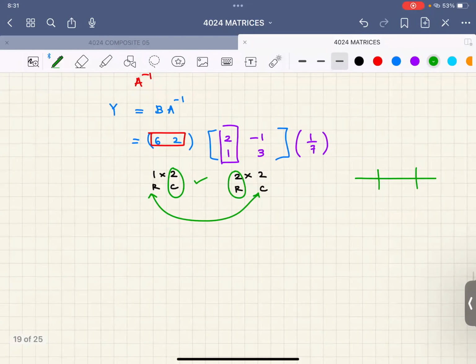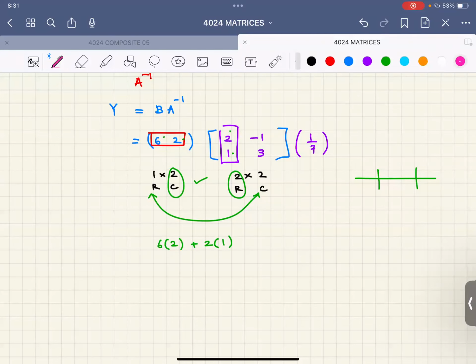So now, 6 multiplies with 2, 2 multiplies with 1. So 6 into 2, plus 2 into 1. That's the first thing. Then let me multiply 6 and 2 with negative 1 and 3. So 6 multiplying with negative 1, 2 multiplying with 3. Let me simplify it. Don't forget, there is a 1 over 7 on the outside.